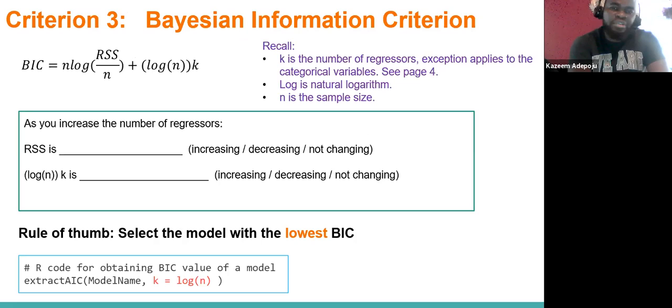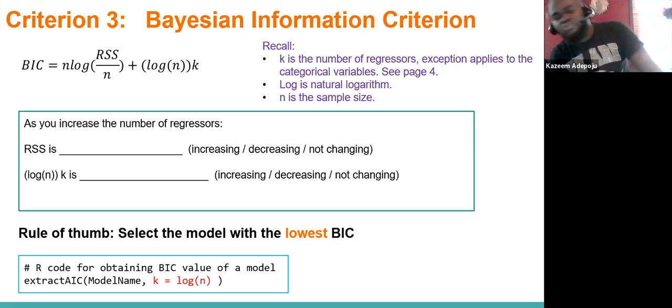In a situation where you take your decision based on these three criteria, you can tell the world that this model is the best model among the competing models because it has the largest adjusted R squared, the lowest AIC, and the lowest BIC.